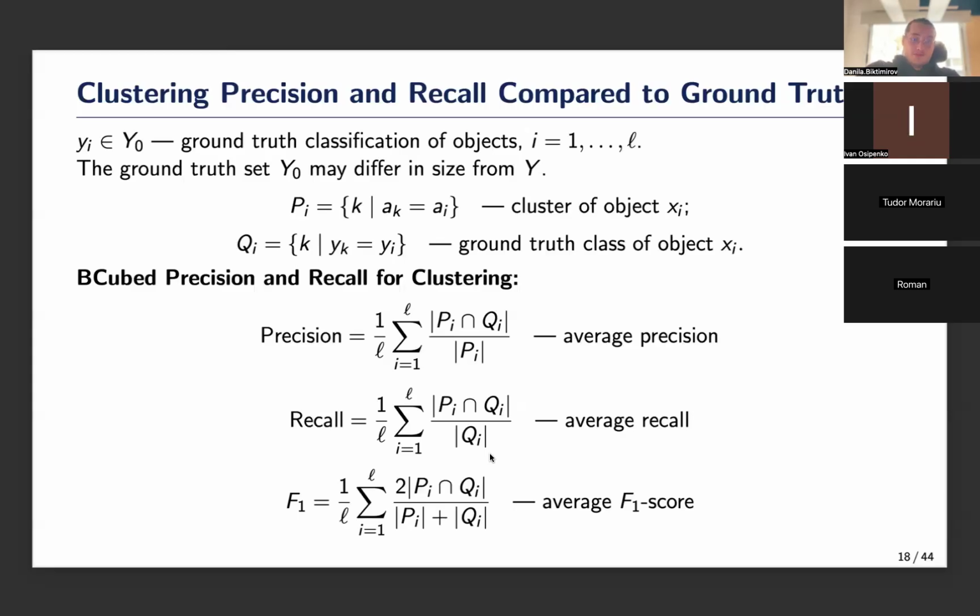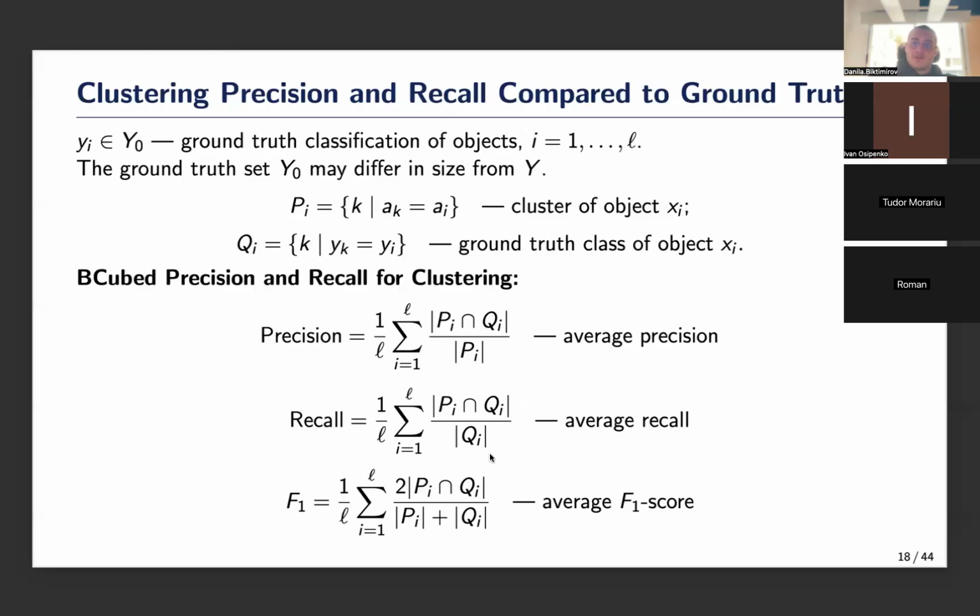Why does it matter? Unlike classification, where each object is assigned a class label and compared directly to the ground truth, clustering does not have predefined class labels. Instead, we must measure how well we discover classes aligned with the actual categories. If precision is high but recall is low, this means the algorithm creates many small pure clusters, splitting true classes into multiple parts.